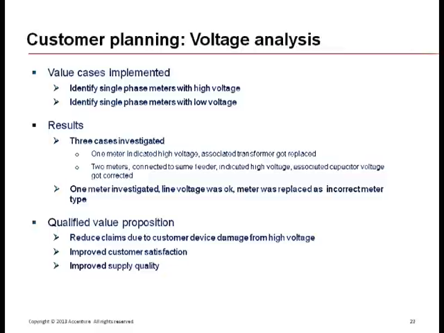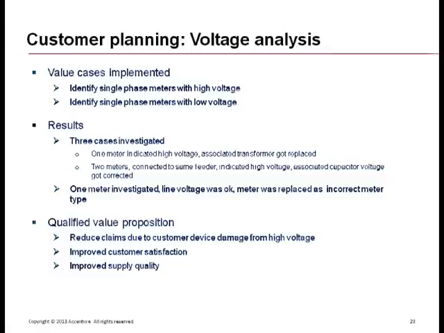In one case, one meter indicated high voltage, and we investigated the associated transformer and found that all meters connected to that particular transformer were indicating high voltage. So we subsequently got that transformer replaced. In another example, 2 meters connected to the same feeder indicated high voltage. So we did field investigation and found that the associated capacitor bank itself was supplying high voltage.